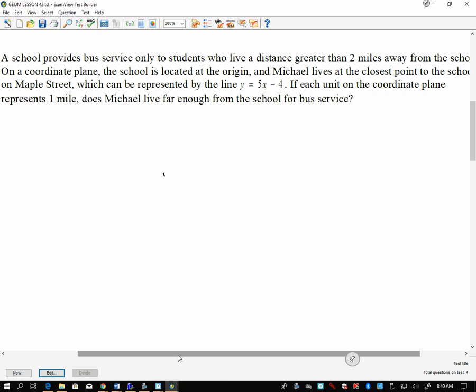So what we're looking for, here is the school at 0, 0. He lives on a road at y equals negative 4, so we go negative 1, negative 2, negative 3, negative 4.